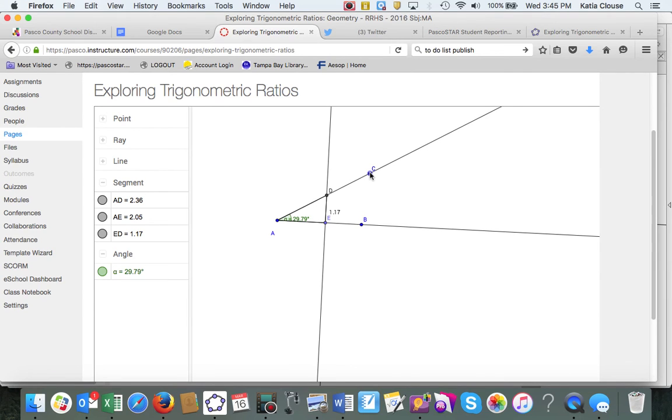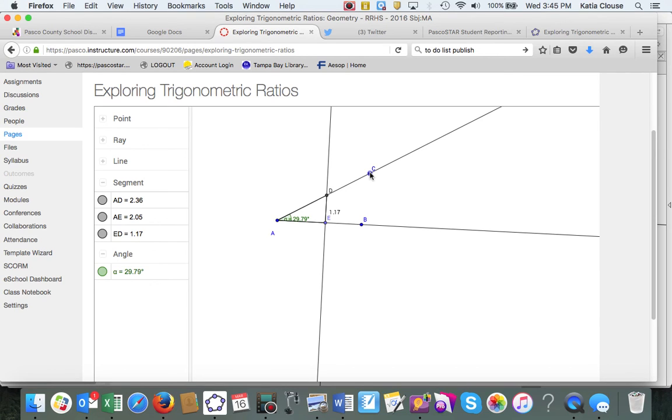Then when I calculate AE over AD, the length of AE is 2.05, over AD, which is 2.36, and that's approximately 0.9.